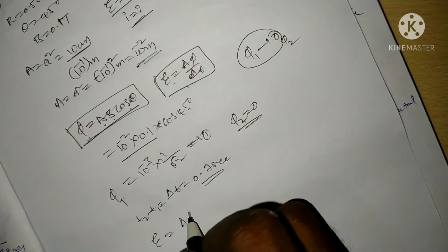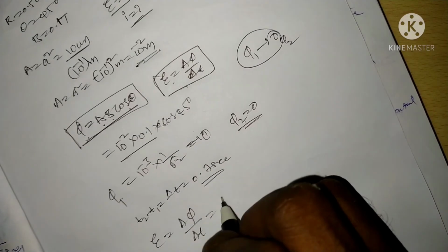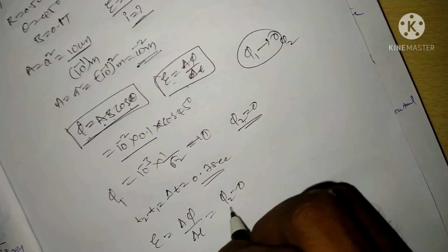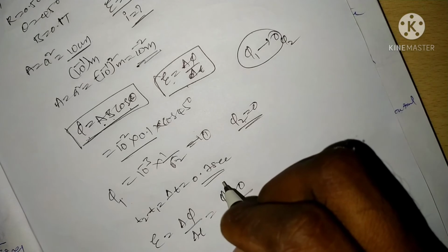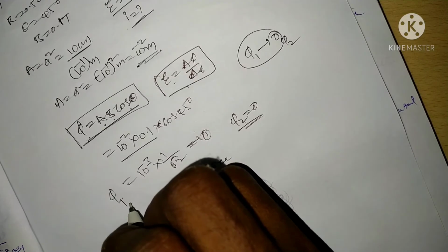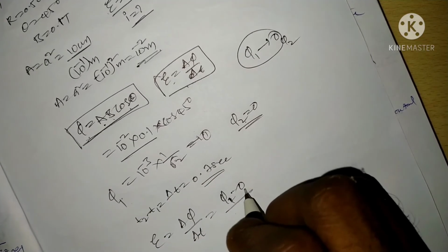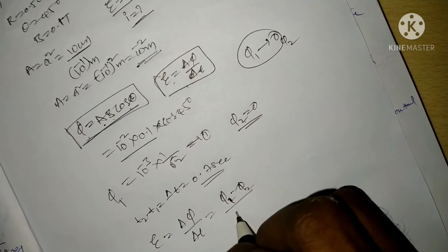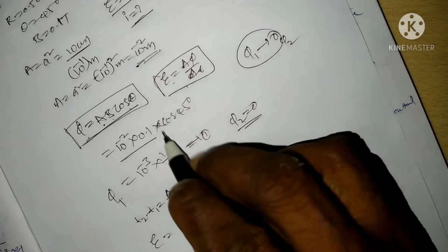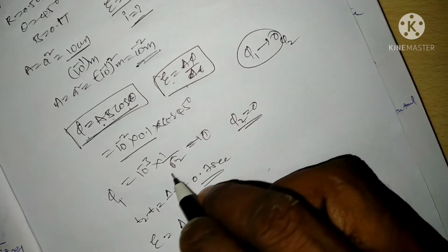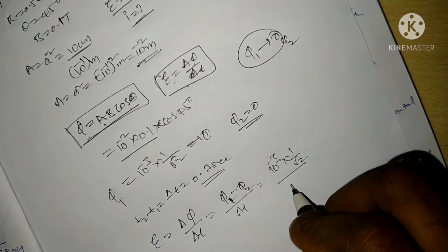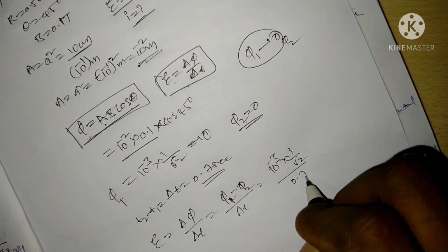Induced EMF is equal to del phi by del t, that is phi 1 minus phi 2 by del t. Phi is 10 to the power of -3 into 1 by root 2, divided by 0.7.